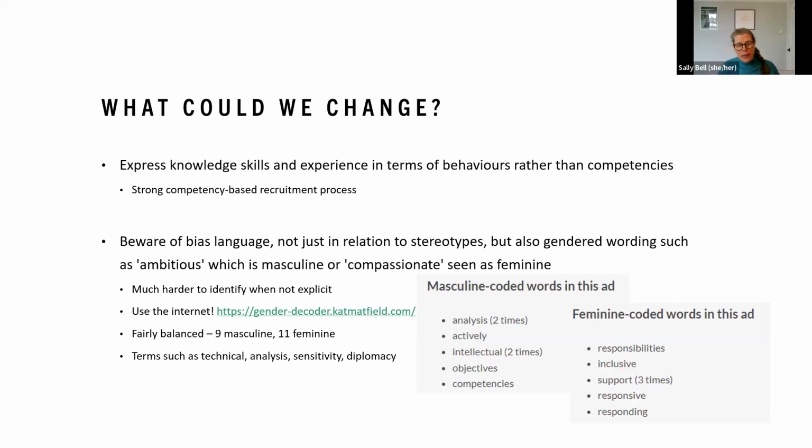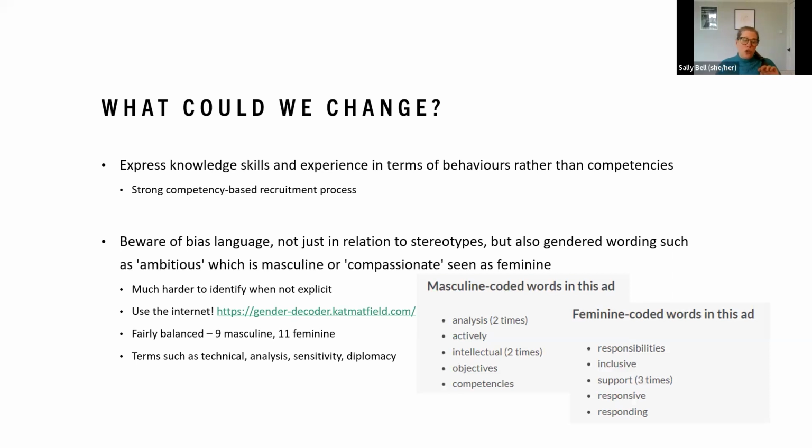But thinking about the language, the bias language section was really fascinating for me. Upon reading this whole job description, my thought was, oh, it's quite a masculine job description, because we were asking for analysis and things around technicalities and systems.